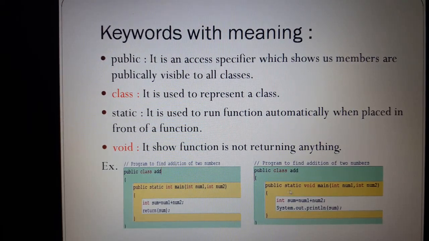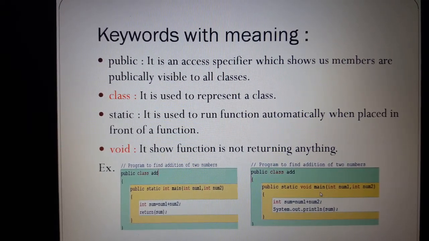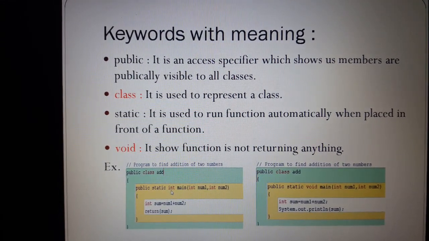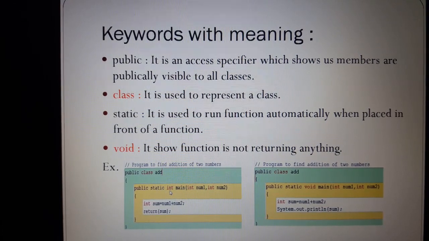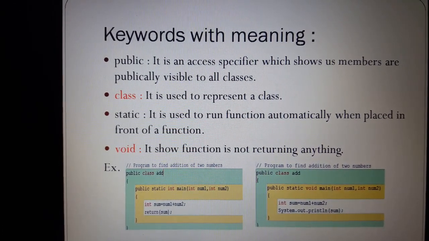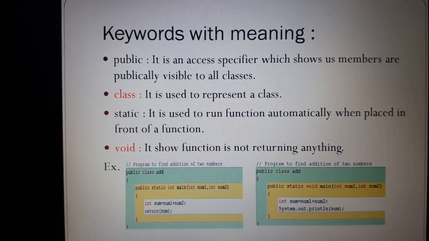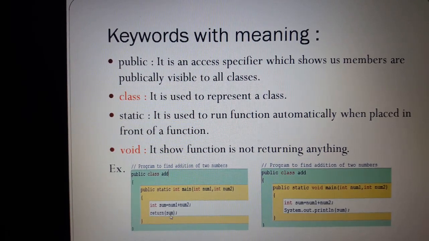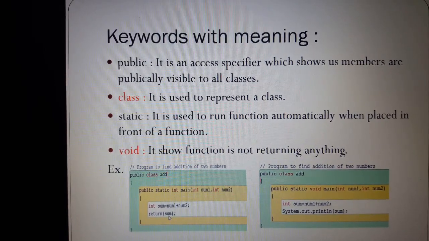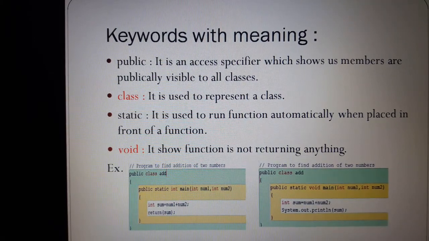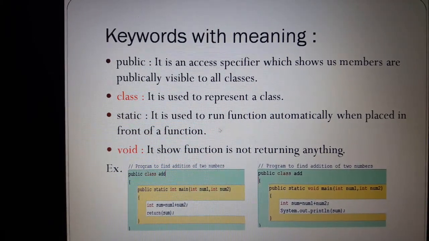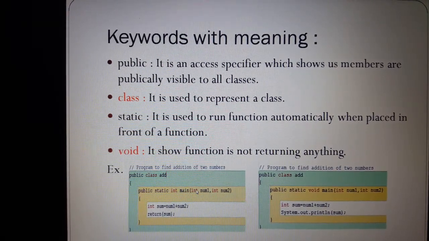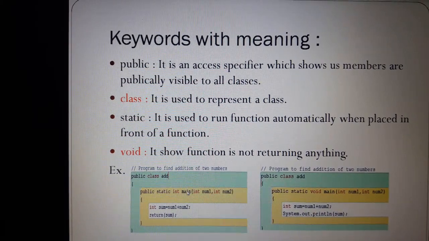We have one function, public static void main. We are not returning anything, but when we are not writing void, then we have to write some data type here, because we have to return something. What I am returning here, see, I had already written sum, meaning from here I am returning sum. I take num1 and num2 as input inside a main function.